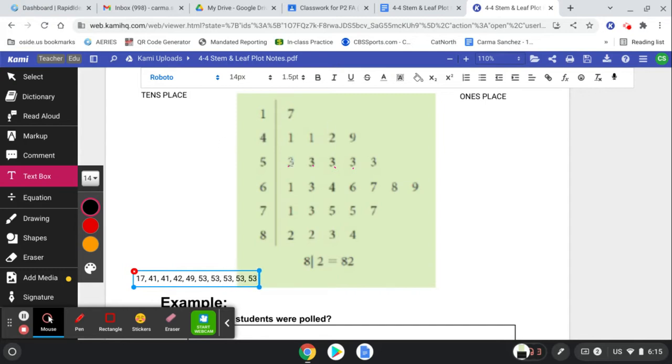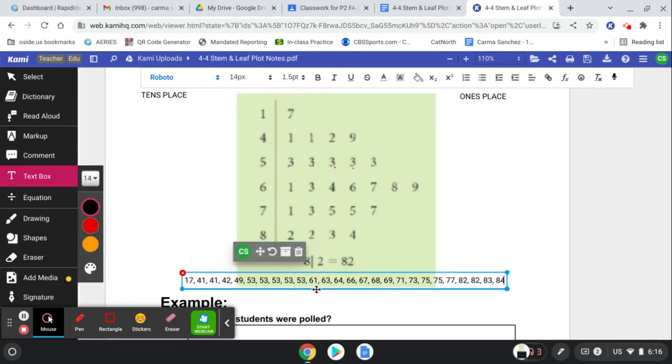How many of those are there? 1, 2, 3, 4, 5. 61, 63, 64, 66, 67, 68, 69, 71, 73, 75, 75, 77, 82, 82, 83, and 84. So there's my nice long list of data from the stem and leaf plot.